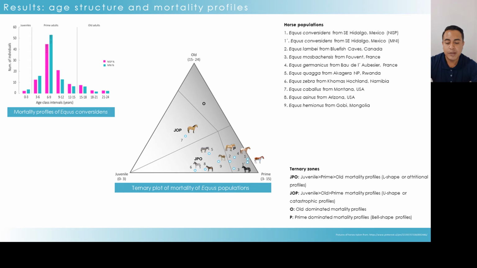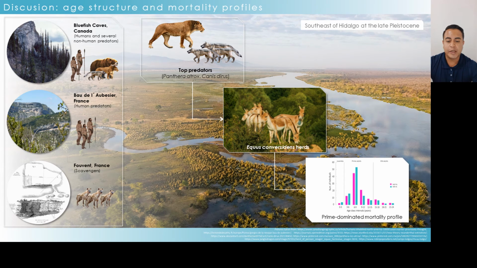The predominance of young adults and mature adults indicates a mortality pattern known as prime dominated. The prime dominated mortality profile is related to both selective hunting by humans and hunting by non-human predators.